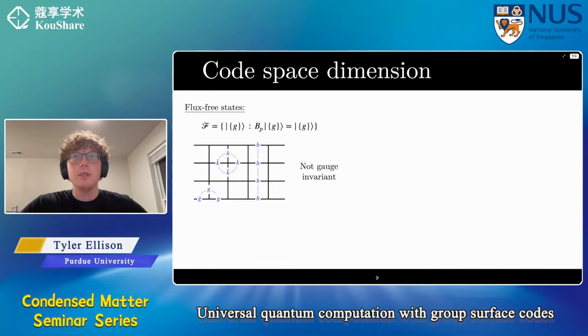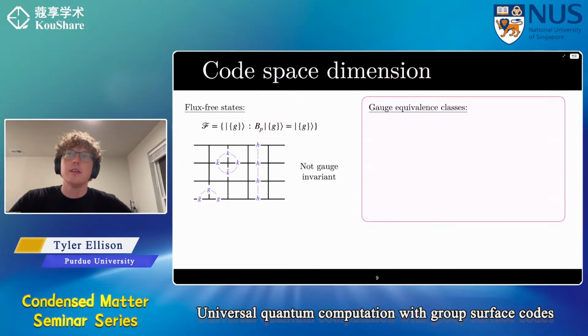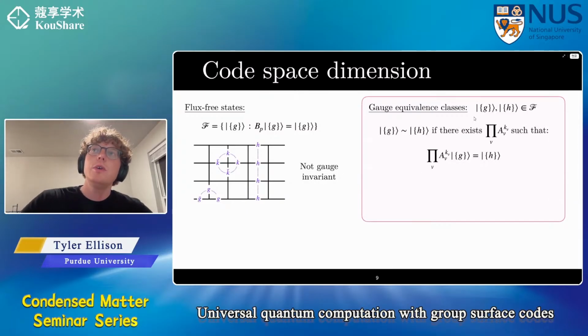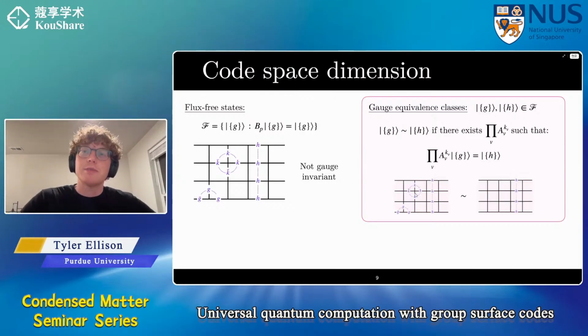But what we'll do is organize these flux-free states into gauge equivalence classes. We'll say two flux-free states are gauge equivalent if, for example, I can apply a vertex term here, and that removes these loops.